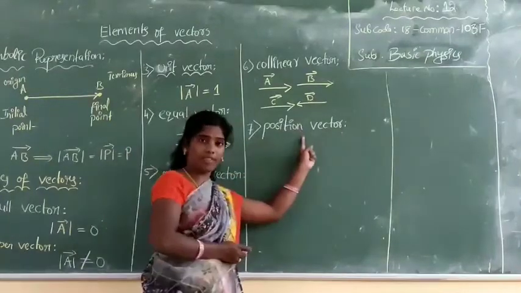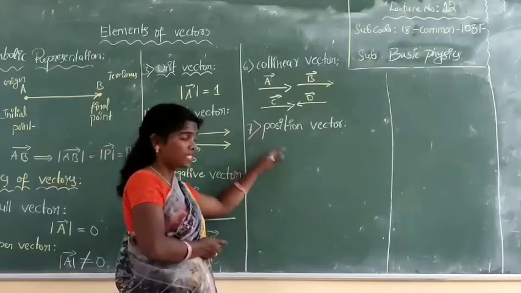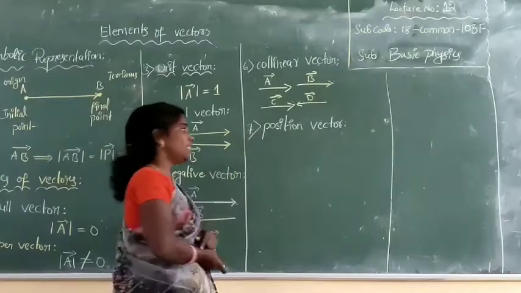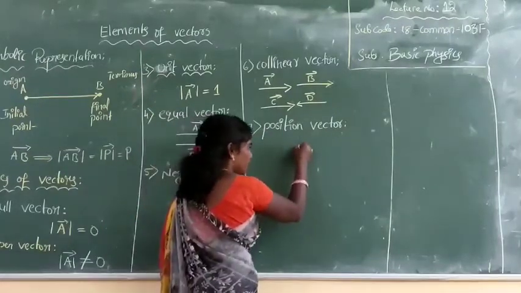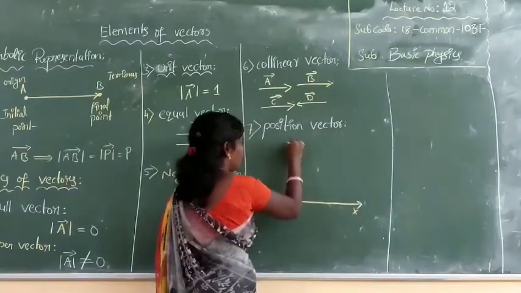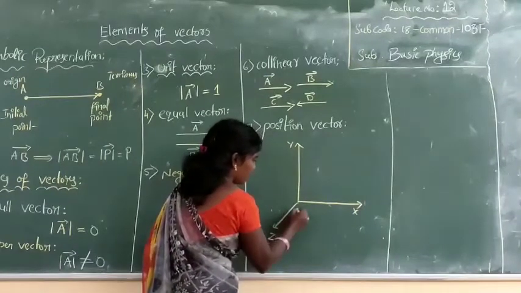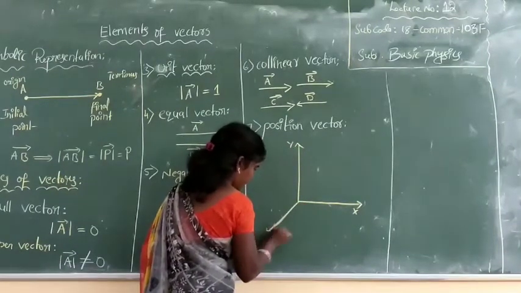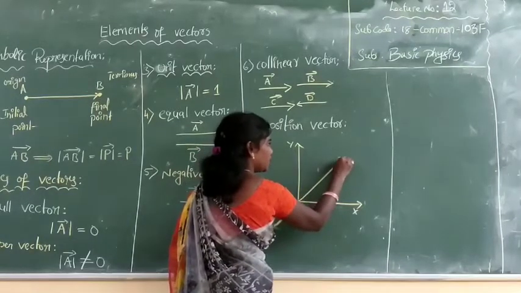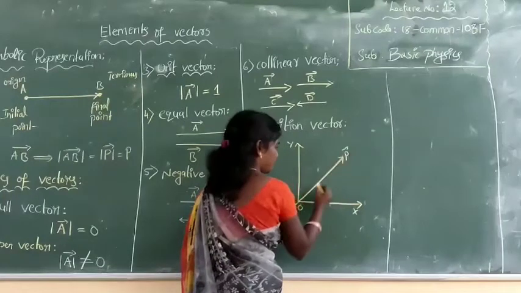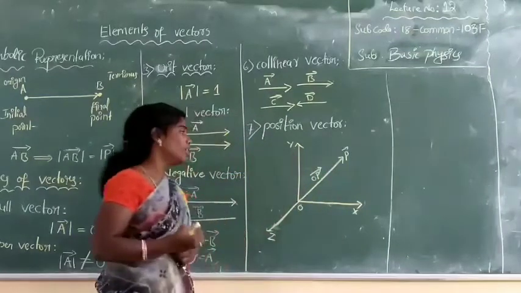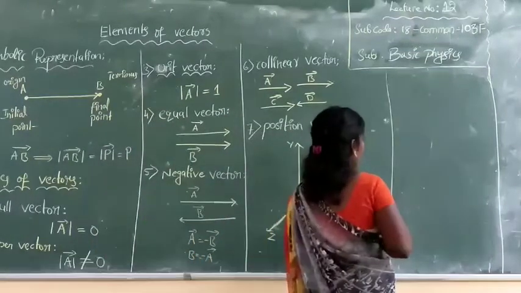Listen, X, Y, Z. This is the fixed point. It is called a position vector. OP vector. This is the position vector.